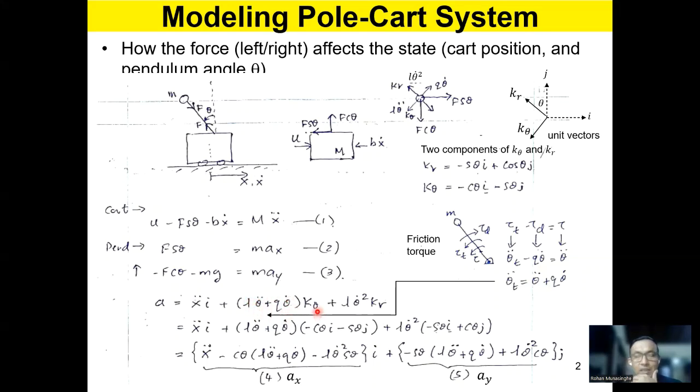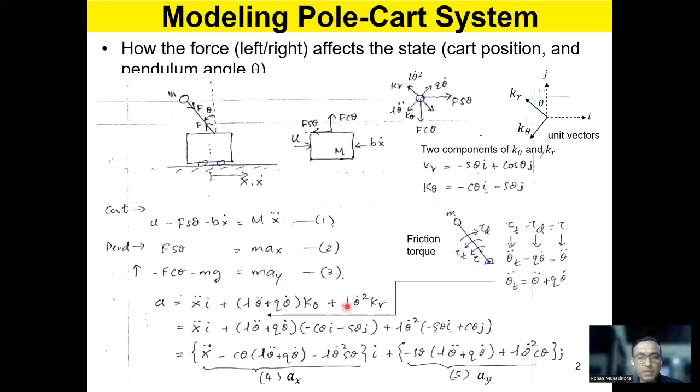times k theta. k theta is the direction of that vector. Okay, so in this direction, plus L theta dot square k r, that is this direction, L theta dot square. Okay, so the second term is the tangential acceleration.